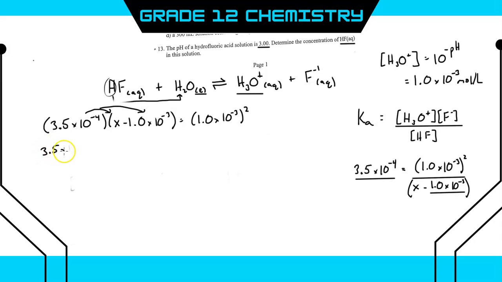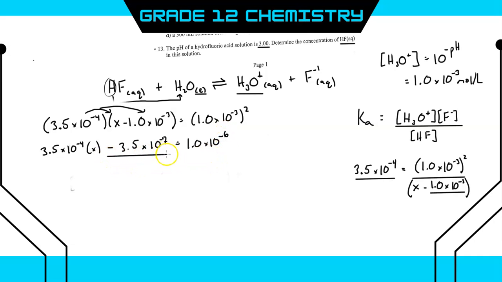So we have 3.5 times 10 to the minus 4 times x. And then we multiply those terms together, and we get 3.5 times 10 to the minus 7, which equals, if we square that term, we get 1 times 10 to the minus 6.